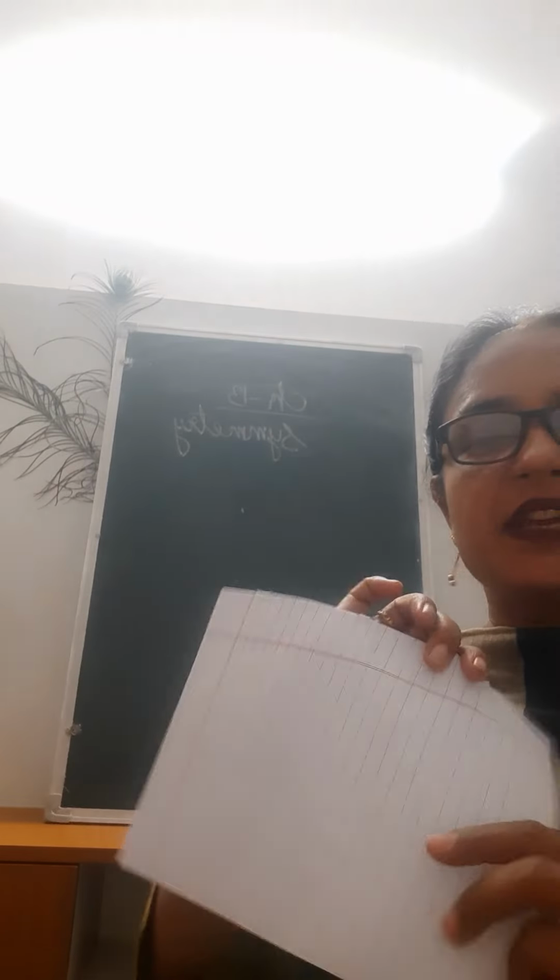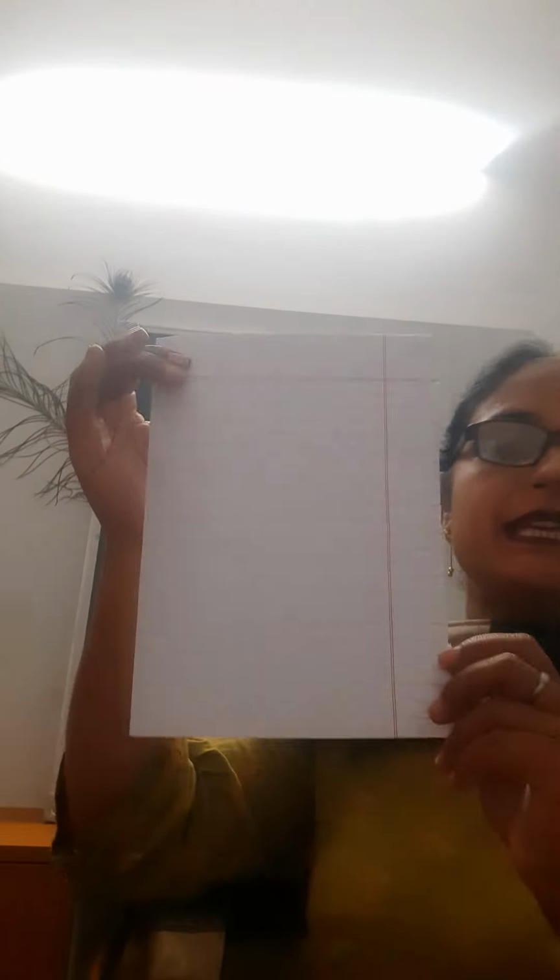Let me explain how. Suppose this is a page I am having. I will show you how it could be symmetrical. If you see this page, the shape of this page is rectangular.